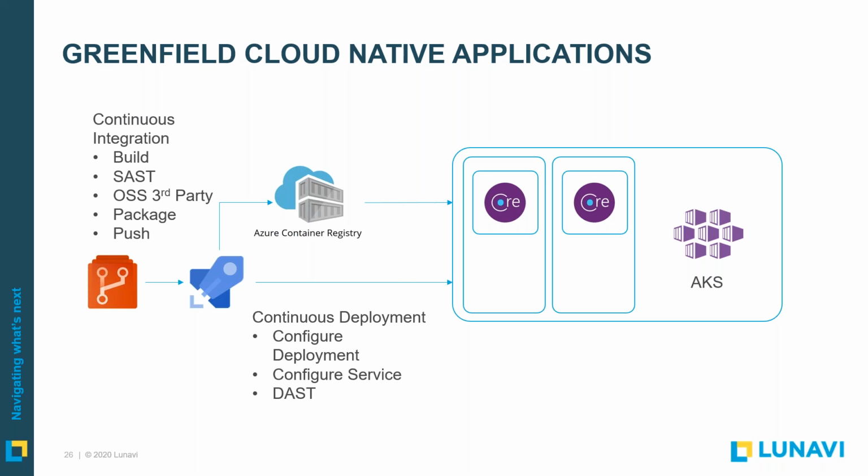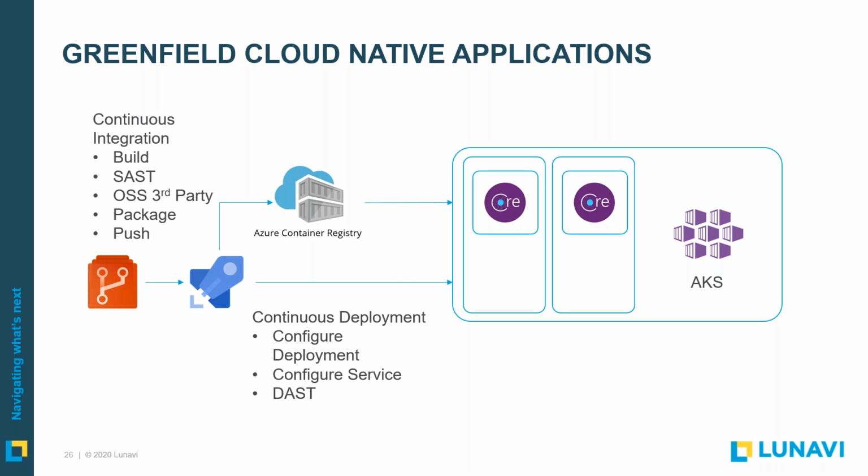So we did things like scanning the code for security. We're using third-party libraries in there, and we wanted to make sure our code was secure, but also that the third-party code we were using was secure.